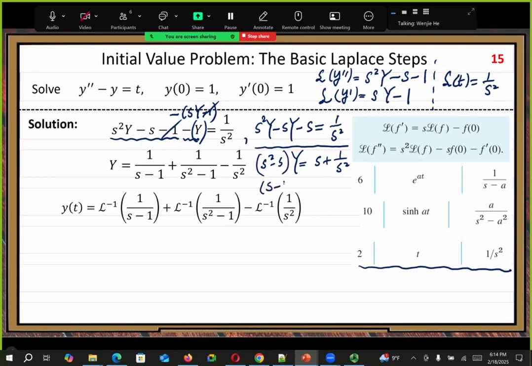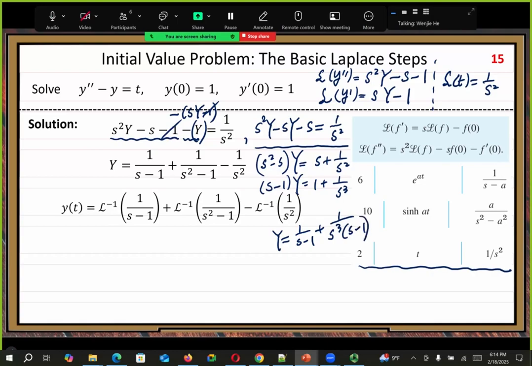S minus 1 times Y equals 1 plus 1 over S cubed. Then another division: Y equals 1 over S minus 1 plus 1 over S cubed times S minus 1.